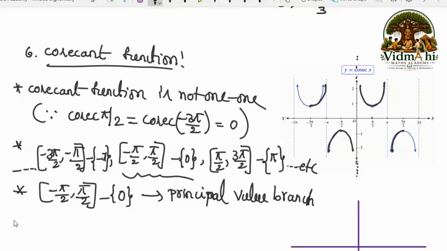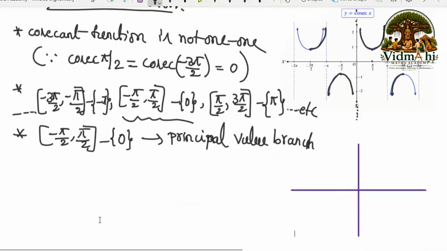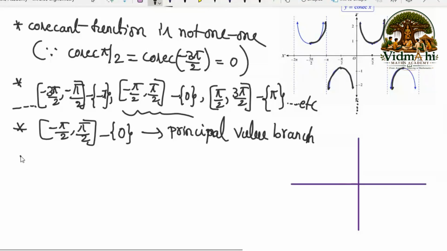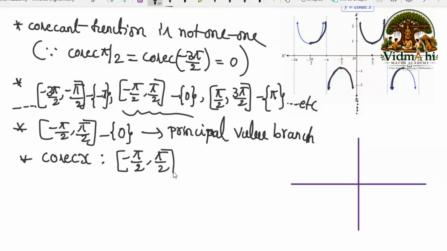So now the cosec x function becomes: domain is the closed interval minus pi by 2 comma pi by 2 except 0, and the range is R minus (minus 1 comma 1).